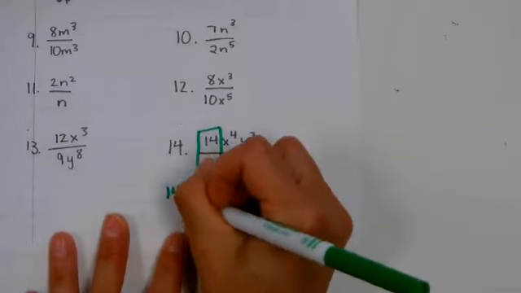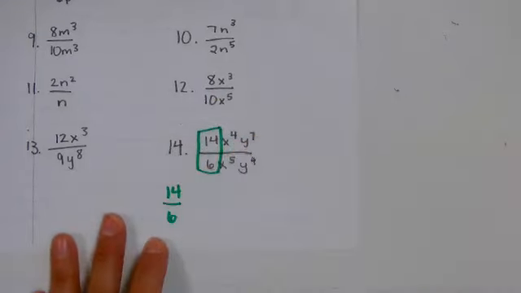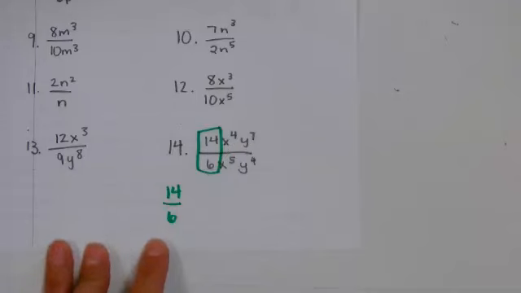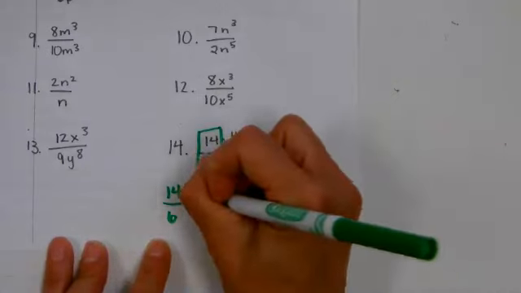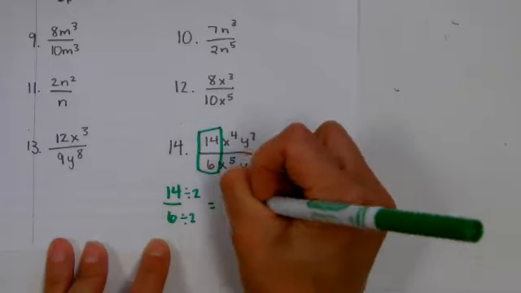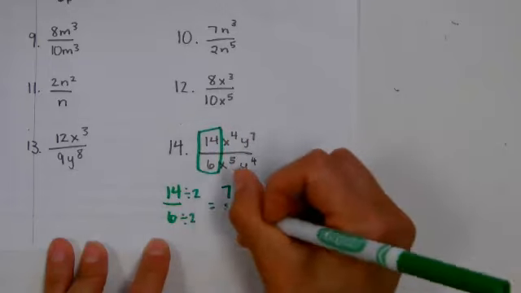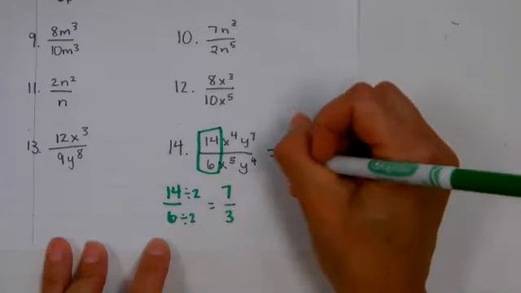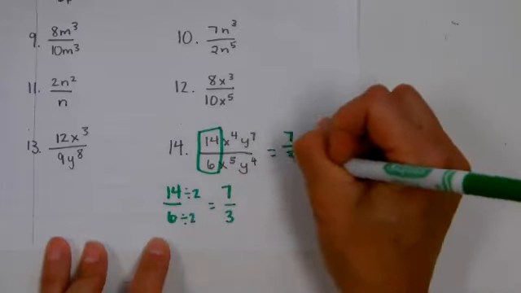So 14 over 6, and we've got to think in our mind, what's the highest number that I could divide 14 and 6 by? And the highest number really is 2. So we're going to divide each by 2. So 14 divided by 2 is 7. 6 divided by 2 is 3. So that's the first part of my answer, 7 over 3.